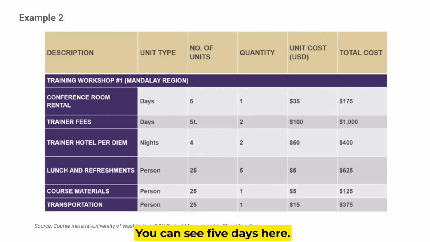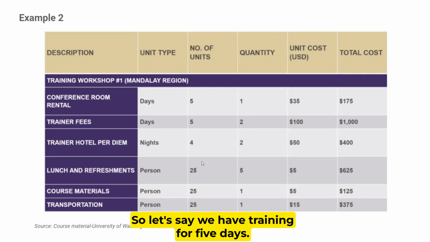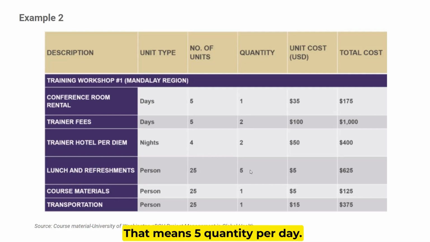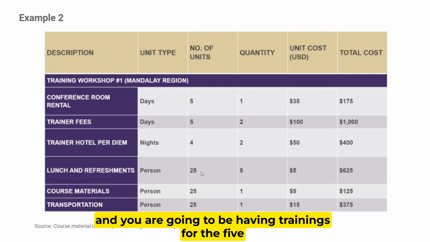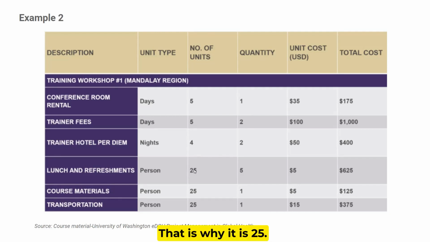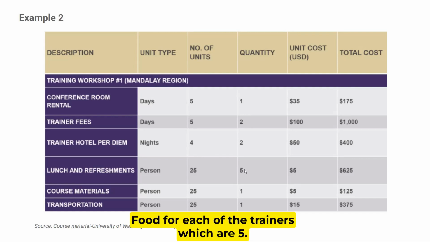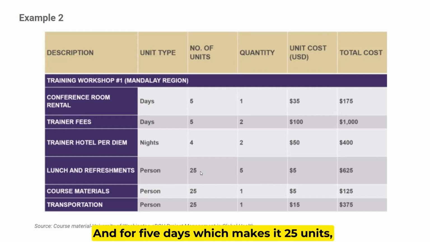You can see 5 days here. So let's say we have training for 5 days, that means 5 quantity per day. So if the quantity is 5 per day and you are going to be having trainings for the 5 days, that is why it is 25. Okay, so 5 food for each of the trainers, which are 5, and for 5 days, which makes it 25 units.